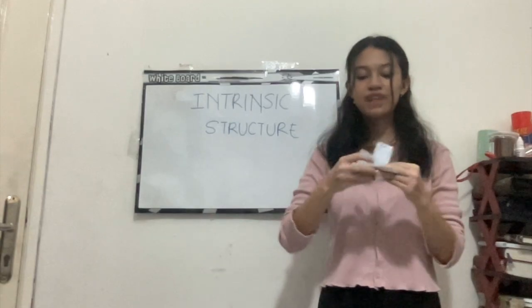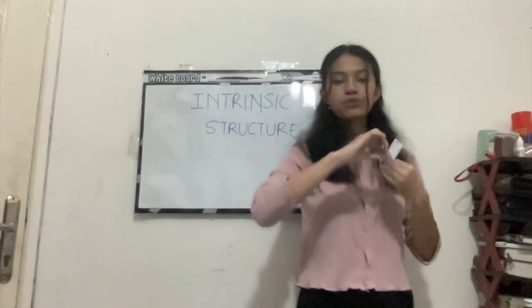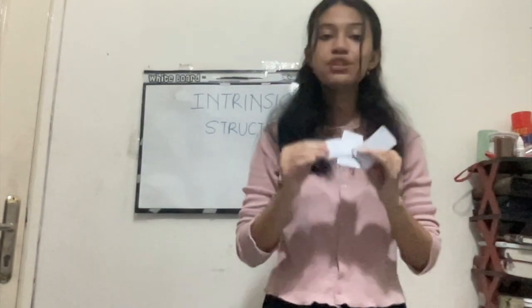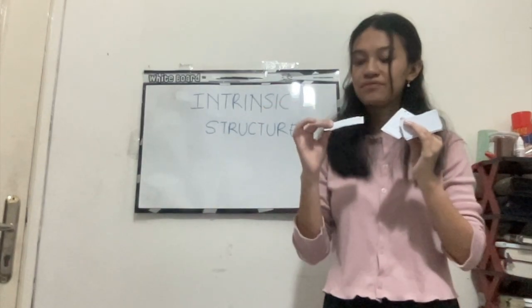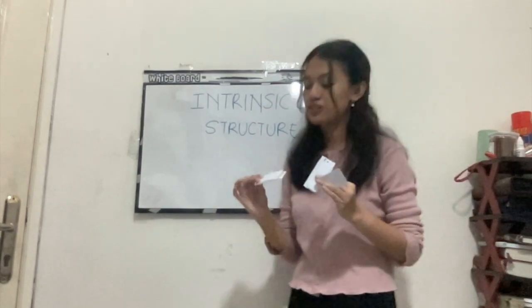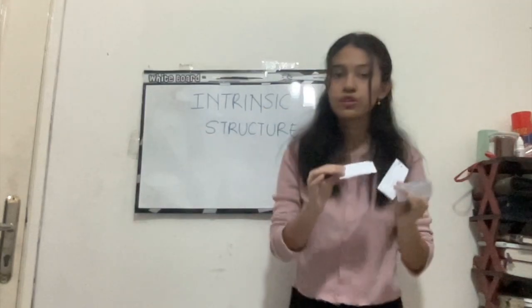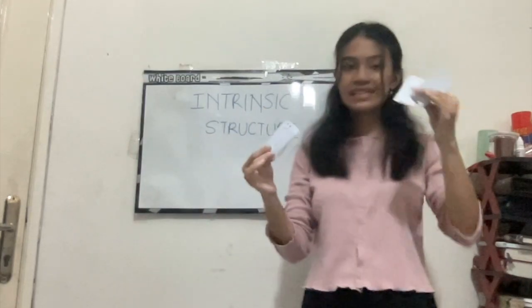And we have the flashcard of its example. So actually the game is really simple. You have to match the 3 cards together, like its intrinsic element to its definition to its example.